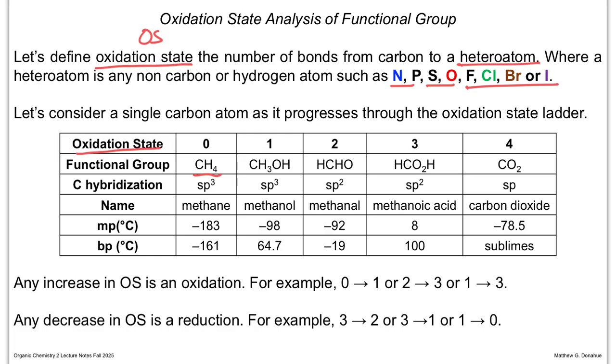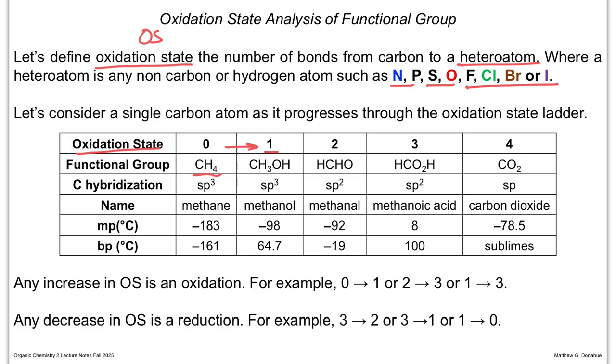If we do a substitution of H for OH to make methanol, the oxidation state goes up 1. So we have a sigma bond from carbon to oxygen. The hybridization of the carbon stays the same. It's still sp3.